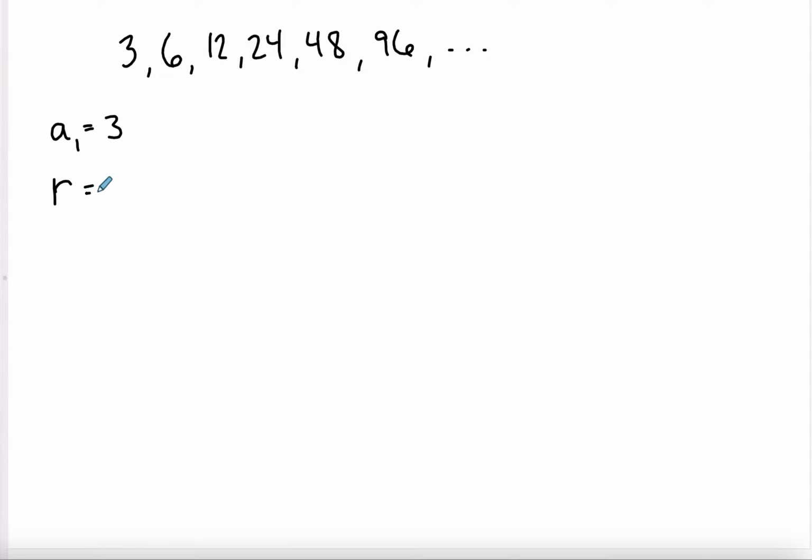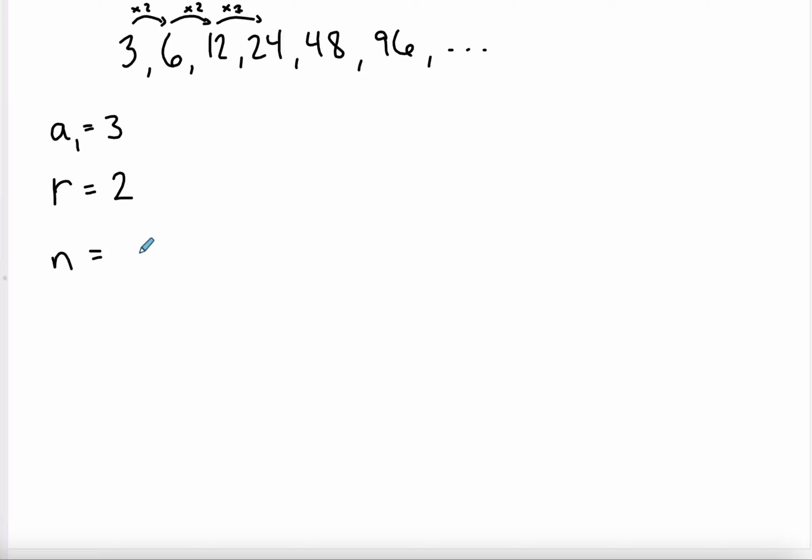R, this represents our geometric ratio. So what number do we multiply each time to get to the next term, right? That's times 2, times 2, times 2. So R equals 2. And then N. Sometimes we use N, sometimes we do not.